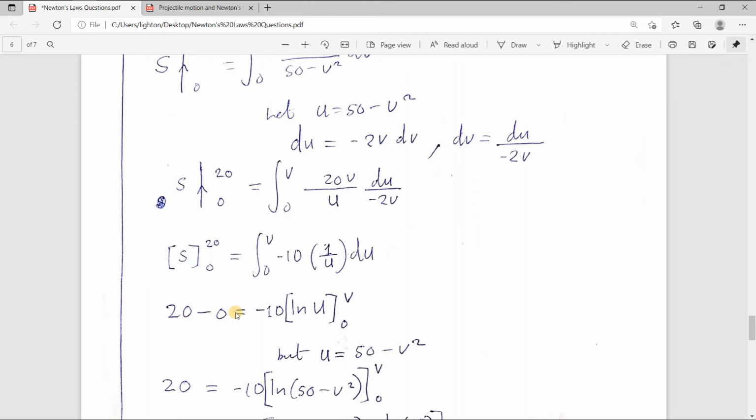Here we have 20 minus 0 equals, this minus 10 can come out of the integral, and we'll have minus 10. Integrating 1 over u with respect to u, we have the ln u with the limits running from 0 to v. So this object is starting, of course, from rest, as we've been given in the question. So that means the initial is 0 and the final is v, which we don't know, of course.